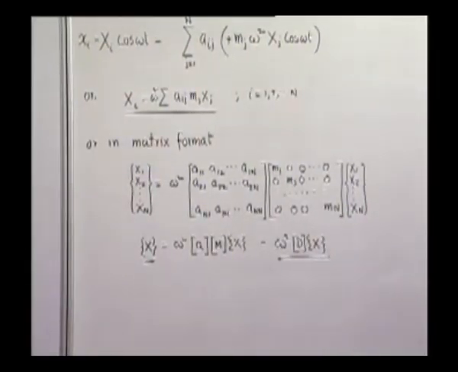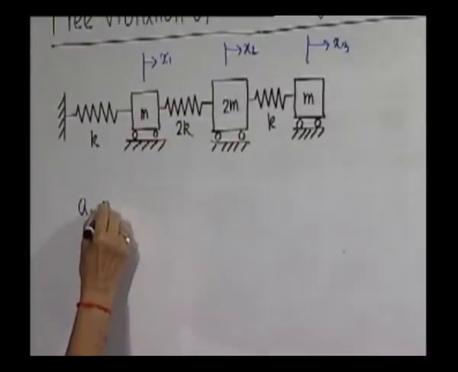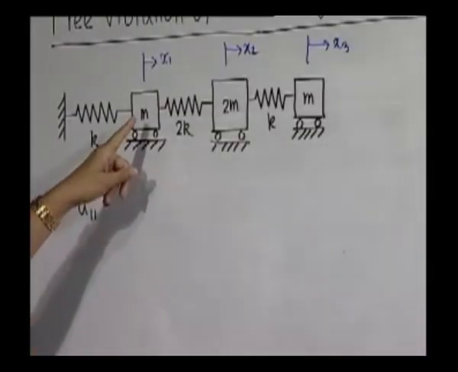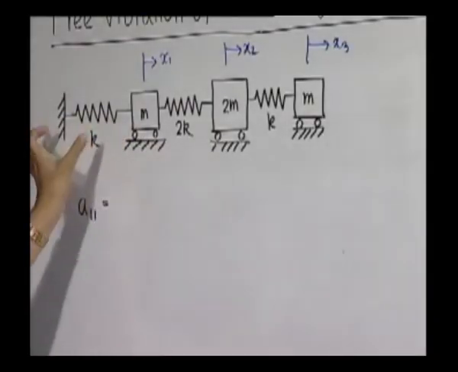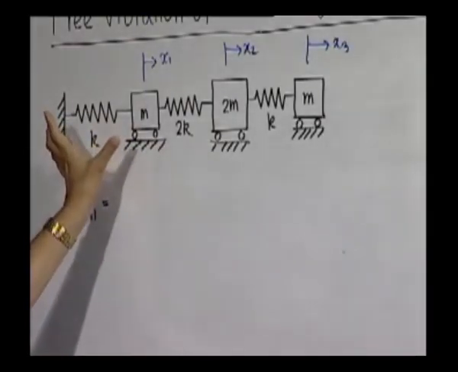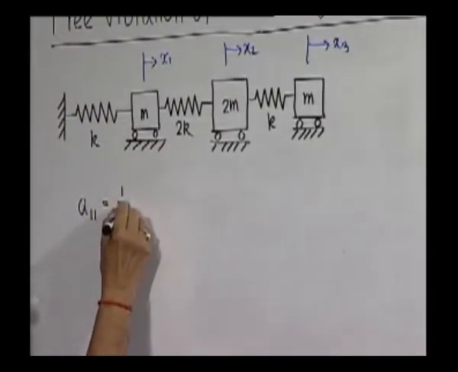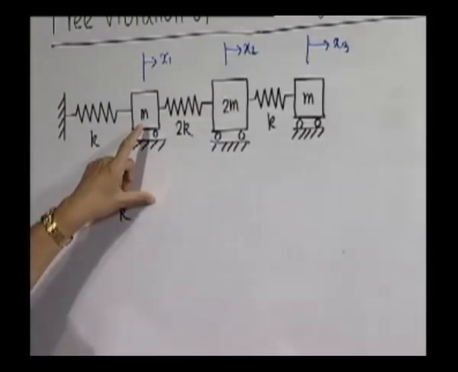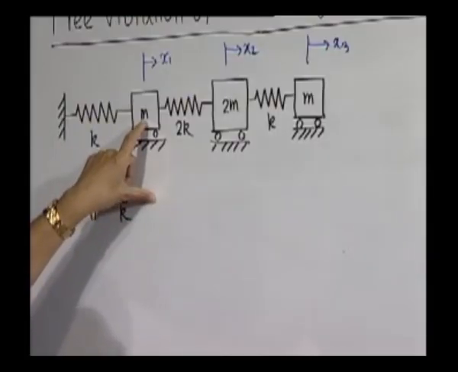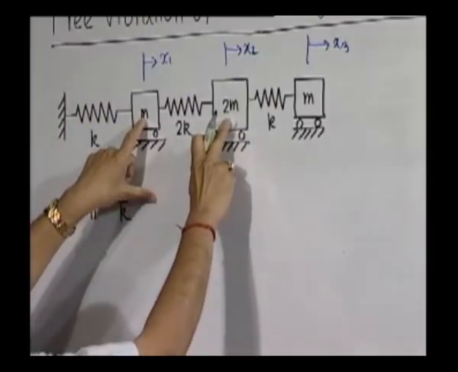Flexibility matrix, let us see what is A11. That is, if you apply a unit load at station 1, what is the deflection of station 1? Obviously, it is only the stretch of the spring, and that is nothing but 1 by K. Now, what will be the deflection of this position if you give a unit load here?